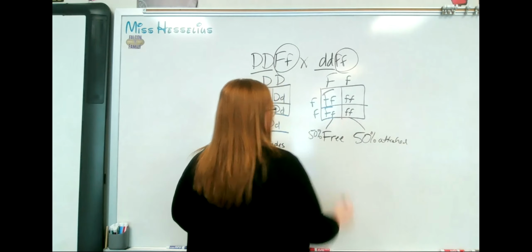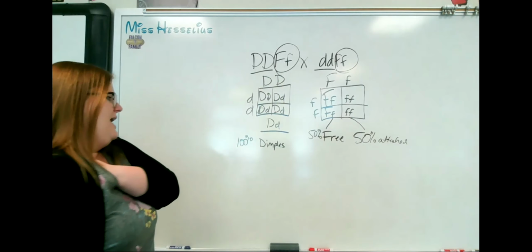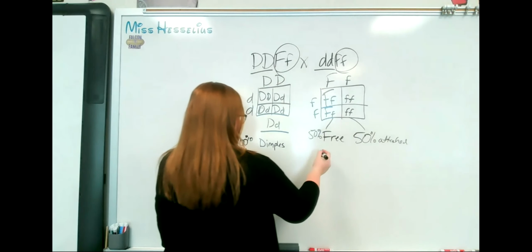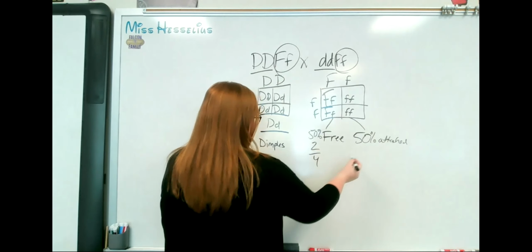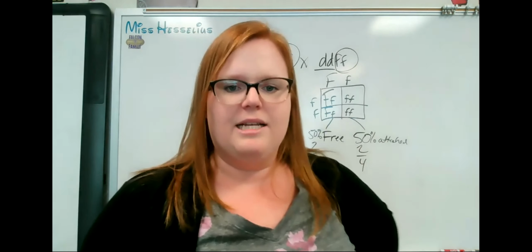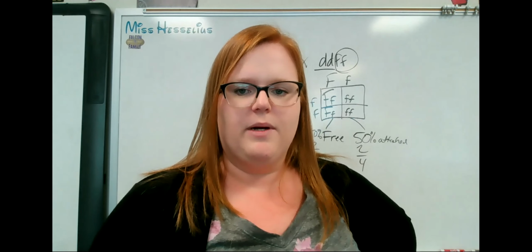This is attached, this is free. And actually, I'm going to put these into fractions. So this would be like 4 out of 4, and this would be 2 out of 4, 2 out of 4. Because this question asked us for phenotypic possibilities.